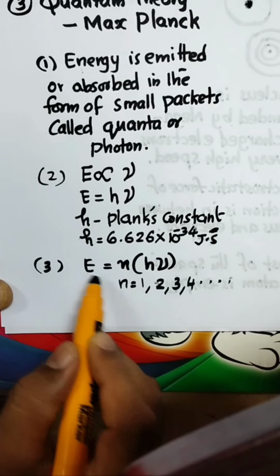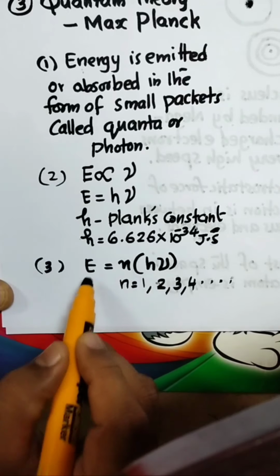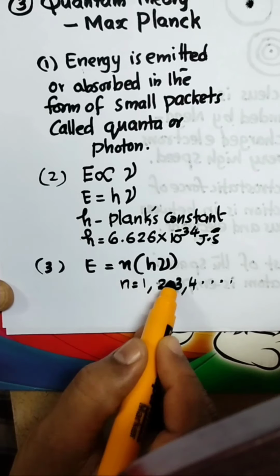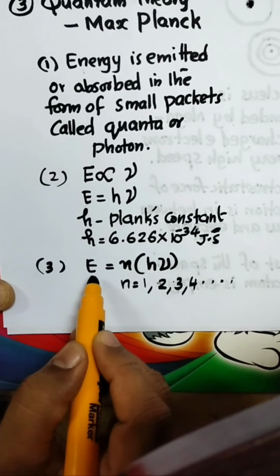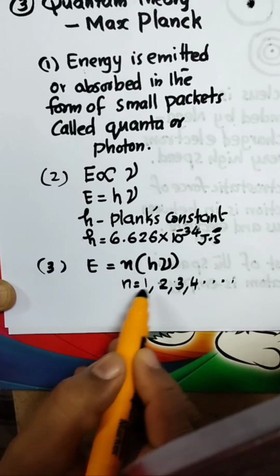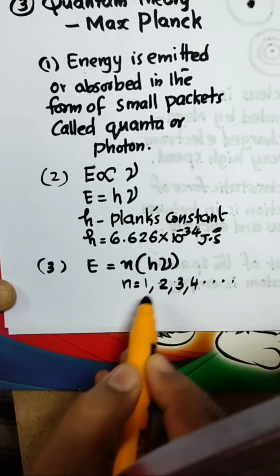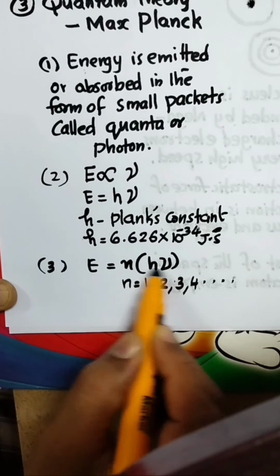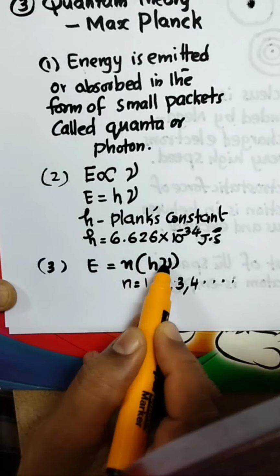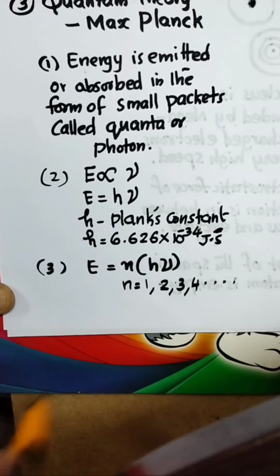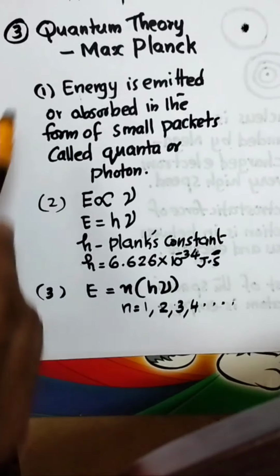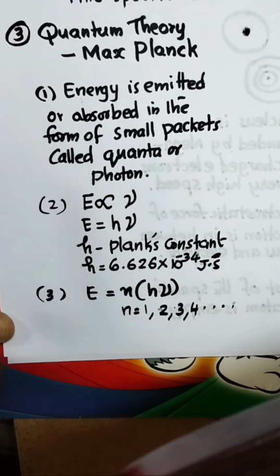Energy of second state, E2 equals 2 h nu. Energy of third state, E3 equals 3 h nu. Then energy difference, E2 minus E1, 2 h nu minus 1 h nu, equals h nu. E3 minus E2, 3 h nu minus 2 h nu, equals h nu. That is, energy is always an integral multiple of h nu. This is quantum theory, which was introduced by Max Planck.